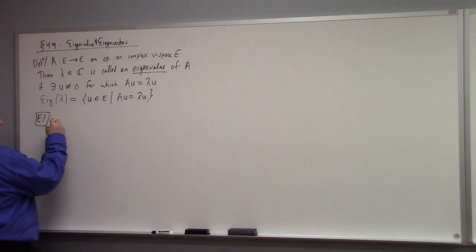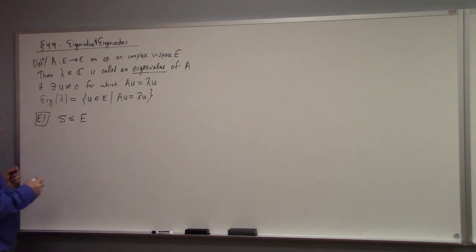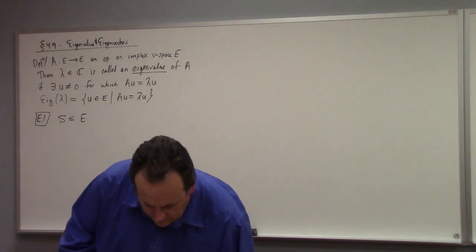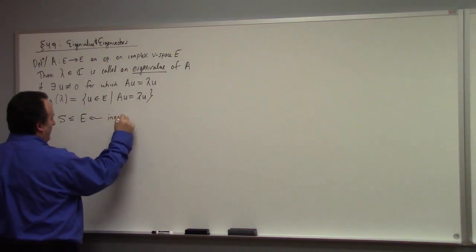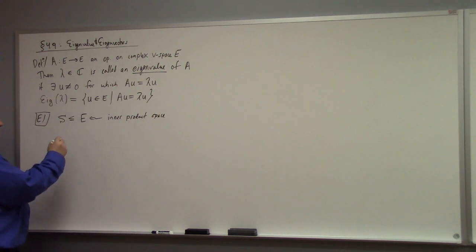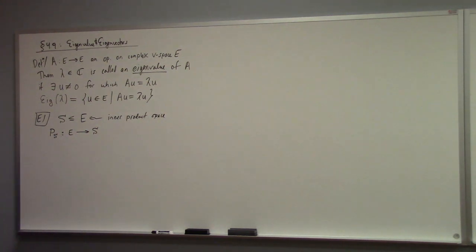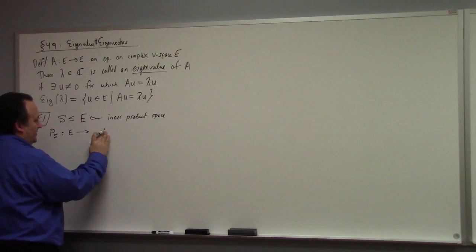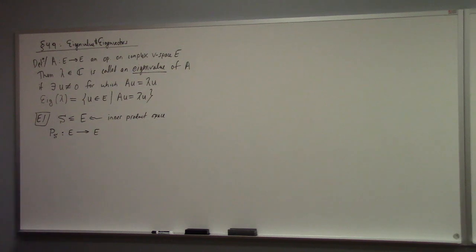So S is a subspace of the inner product space E. Then you can talk about the projection onto the S subspace, a mapping from E to S, right? Or, well, I don't know if he's defined this to go from E to E or from E to S. Let's say it goes from E to E, just for the sake of discussion. Then it's an operator, right?